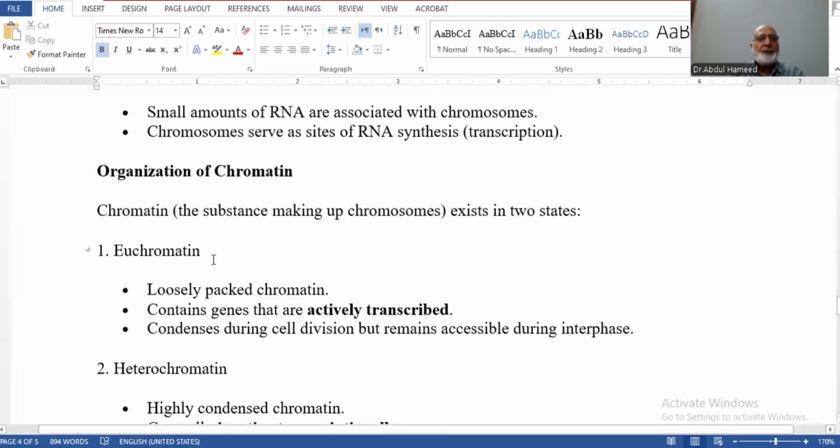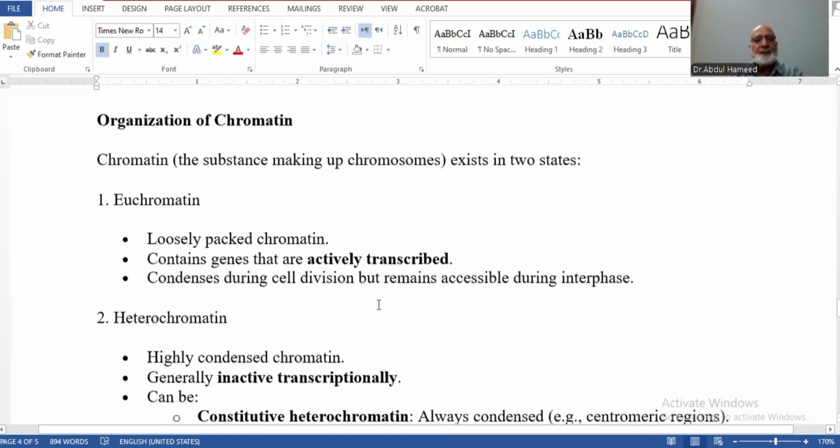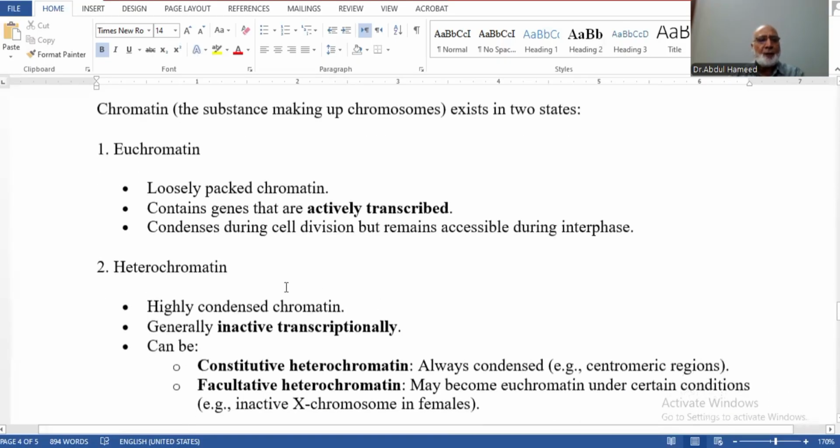There are two types of chromatin material. One is euchromatin, the perfect chromatin in the active stage, where the function of DNA is being carried out. The other is heterochromatin, highly condensed chromatin that is genetically inactive because it will not transcribe into RNA of any type.